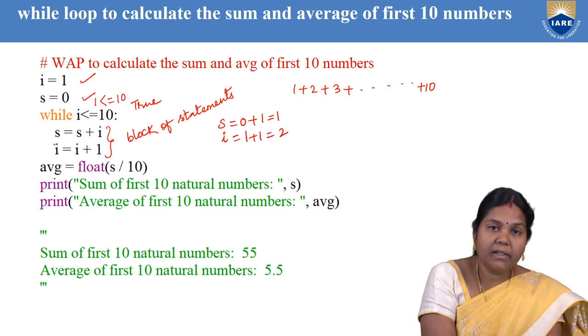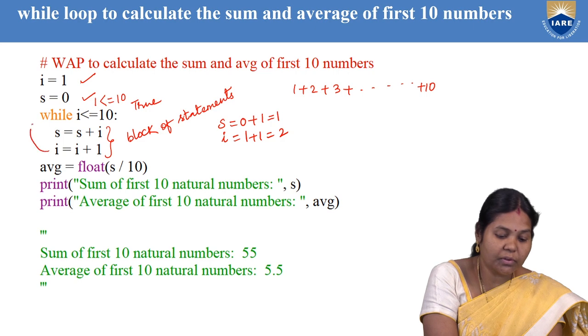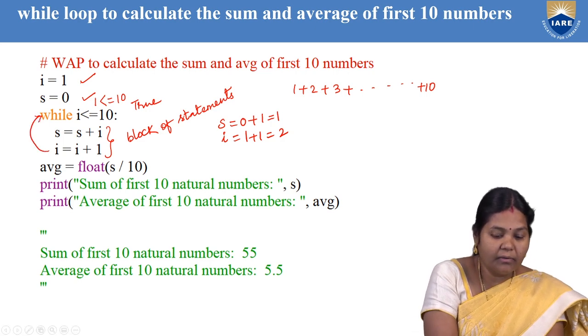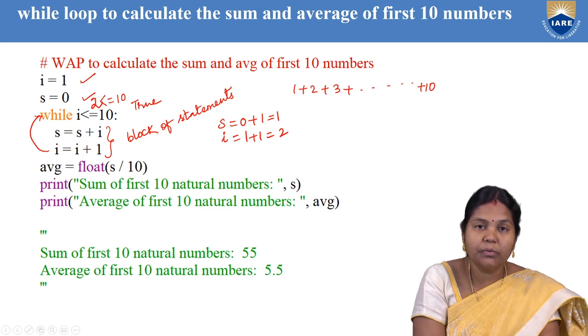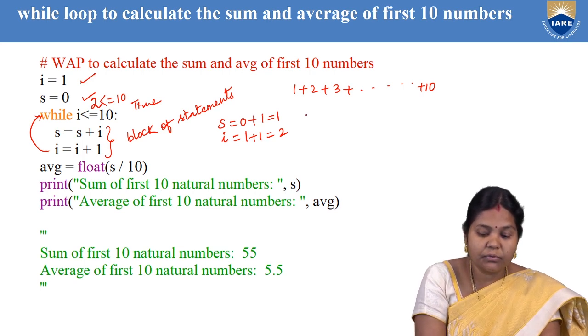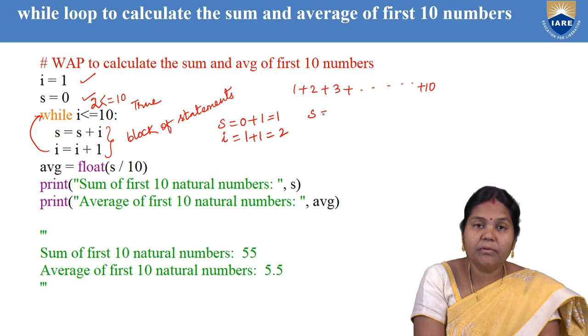Now, after updating the value of i, again it goes to the while loop. Now i value is 2. So 2 is less than or equal to 10? Yes, the condition is true. Again it computes the sum. In the next iteration, the earlier sum was 1 plus the i value 2, so the sum is 3 and i is updated to i plus 1, so it is 3.